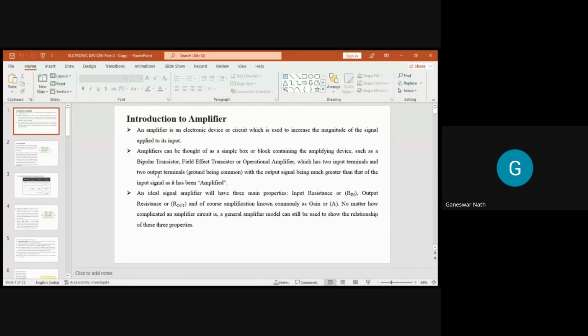Now this amplifier can be thought of as a simple box or a block containing the amplifying device such as a bipolar transistor.